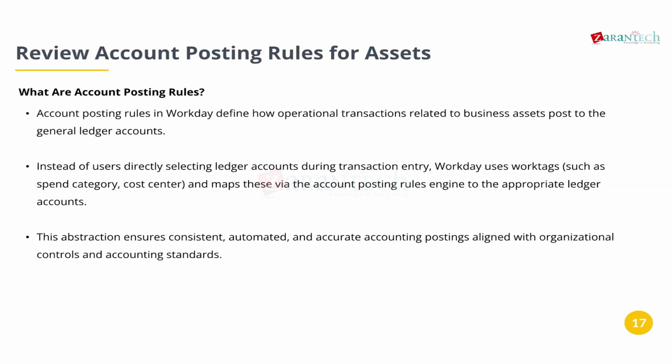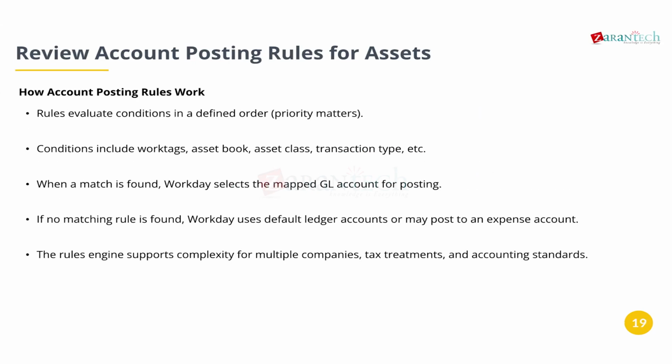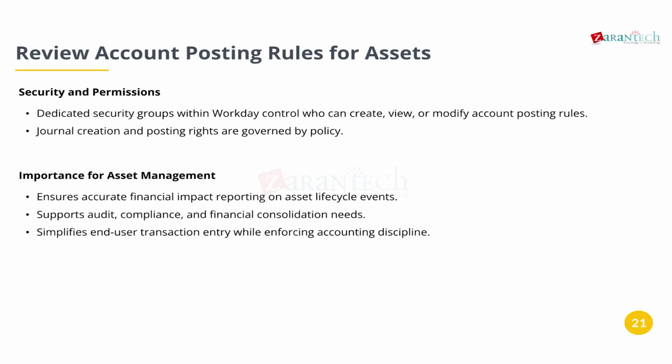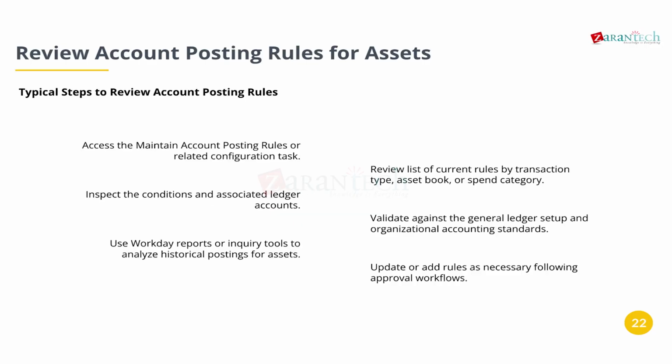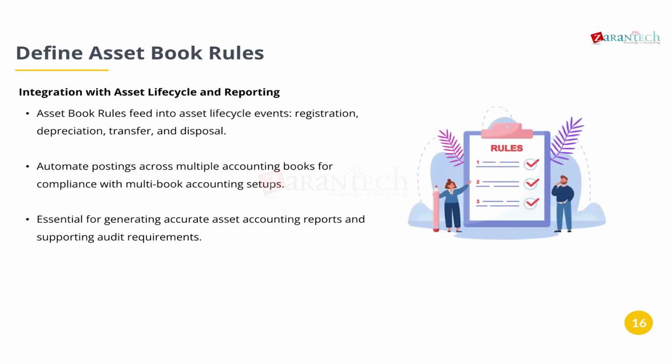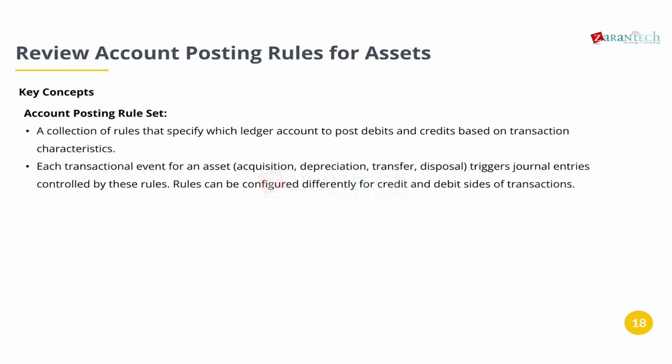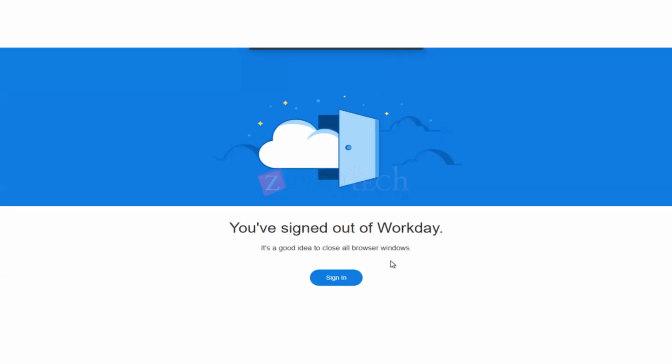Now this is talking about the APR, so we'll take the APR later on. Security permissions are important. Now, how we can create the APR, I'll show you. We can create the APR, we can define the spend category over there under the spend, and then that logic will be derived. So we'll see the APR at the last. Let's go to the Workday screen directly, and then we can start from the asset books.